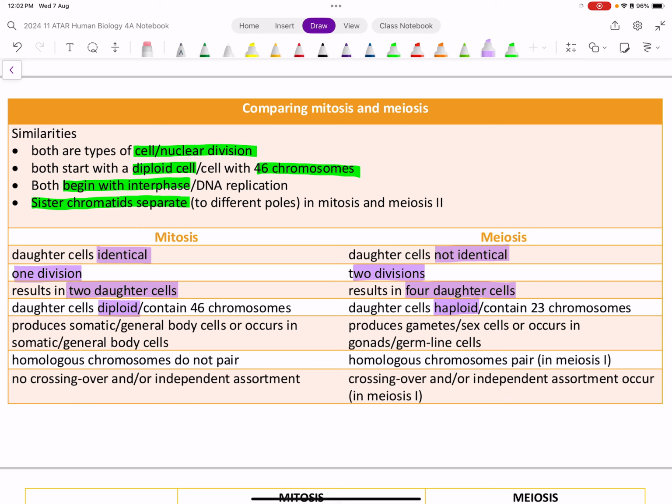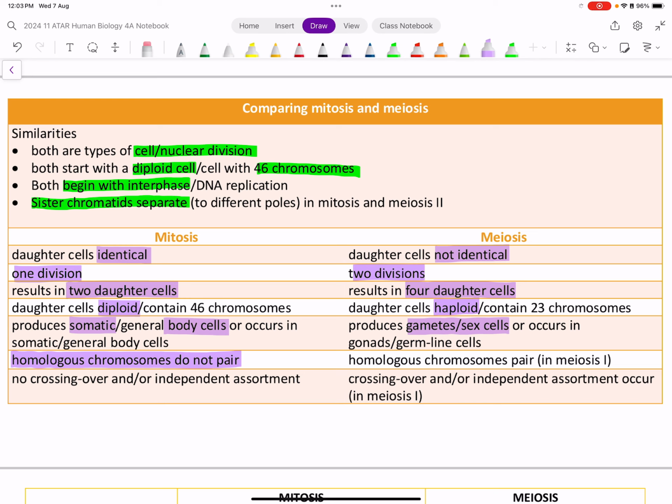Now, this comes to the overall purpose of mitosis, but it's important that we recognise that mitosis occurs in our somatic or body cells, while meiosis is purely occurring in our gametes, or as commonly known, sex cells. Now, our homologous chromosomes do not pair together in mitosis.